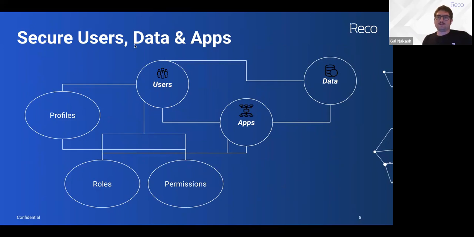The users and applications have access to the data, and it's all based on three entities in the Salesforce permission model. The first is profiles, the second is roles, and the third is permissions. And the users and applications have this permission model to access Salesforce and that data.